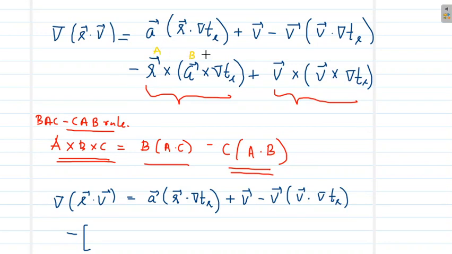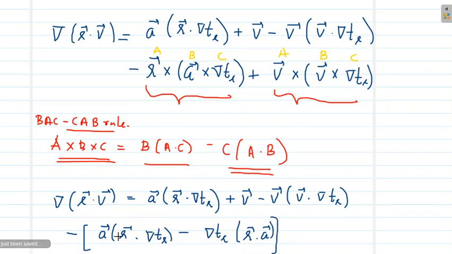Similarly here it is A, B and C. So let us use the BAC-CAB rule. The first term is a bar into r bar dot del tr minus del tr into r bar dot a bar.